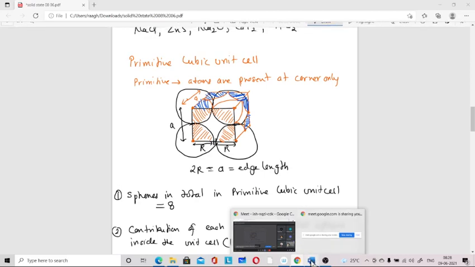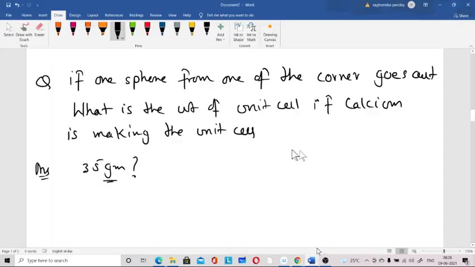Now tell me, how many spheres are there in total? 7. Good. So now only 7 spheres are there.